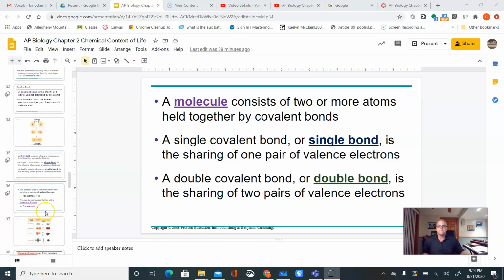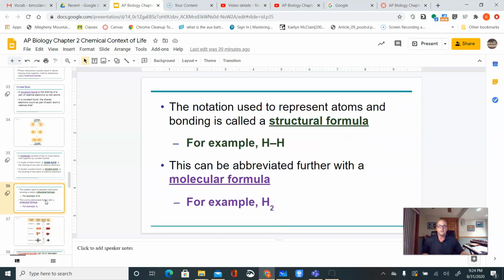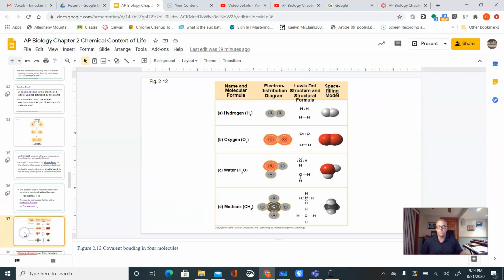As we look at how we would depict the structure versus the molecular characteristics, from a structural standpoint, this would be a molecule of hydrogen, showing that there is a single bond between these two atoms to make up that molecule. The molecular formula is just telling me that there's two hydrogens, so the subscript is with that. This would be a molecular formula, and this would be a structural formula. Like I said, in biology, a lot of these structural formulas become more relevant because we start looking at how things come together.